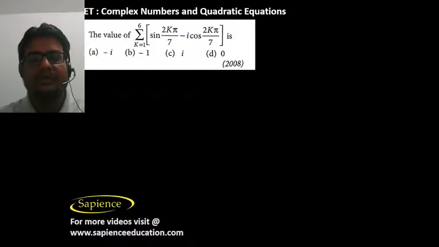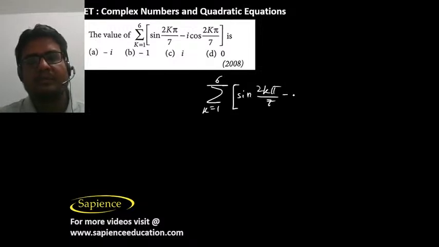Then we have to find the value of the summation k equals 1 to 6 of sine of 2k pi by 7 minus i cos 2k pi by 7. Its value we have to find.